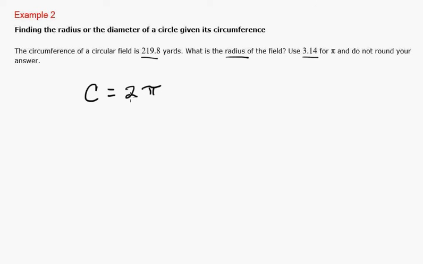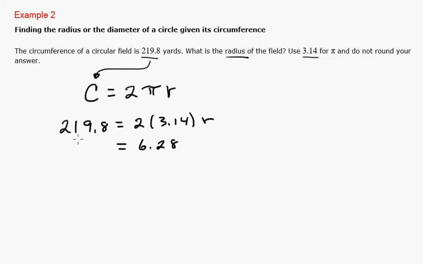The circumference equals 2 pi r. Whatever you do, don't go too fast. I make mistakes. 219.8 equals 2 times 3.14 times r. So this is 6.28 r.